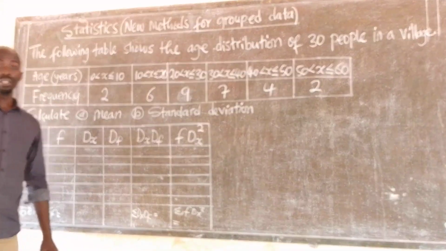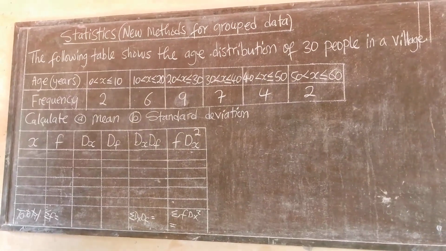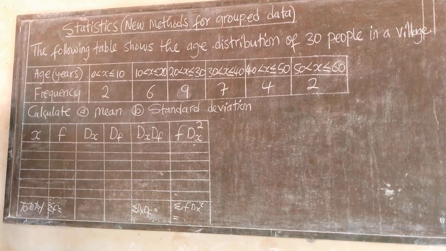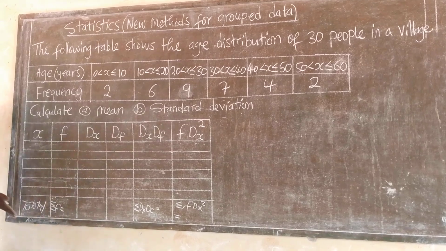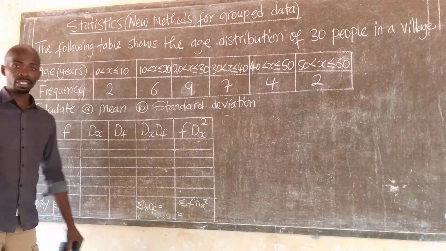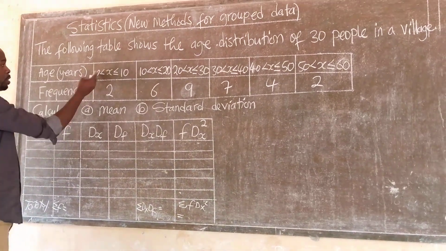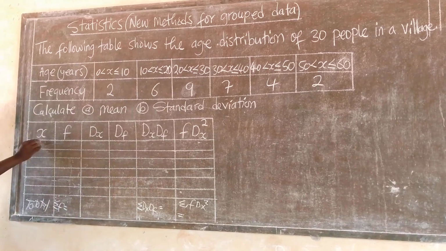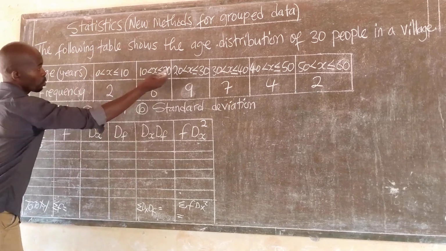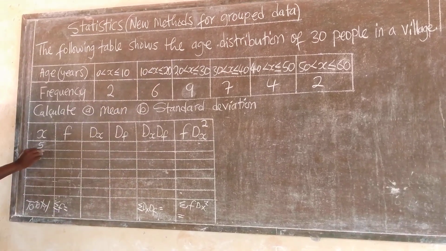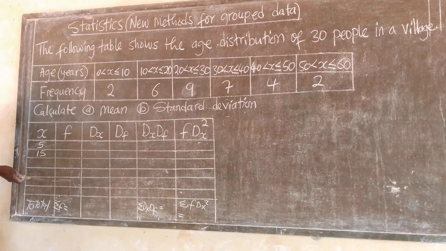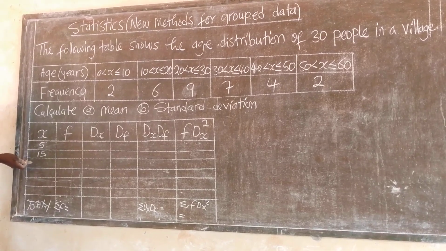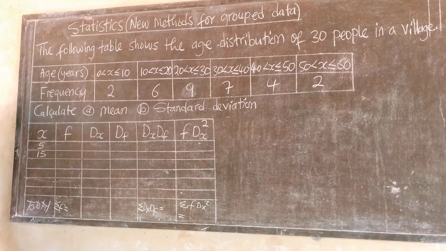So X column, that is where we'll be putting the mid value of the interval we have. The mid value of 0 and 10 is 5, while the mid value of 10 and 20 is 15. So we'll have a difference of 10. The data will be different by 10.